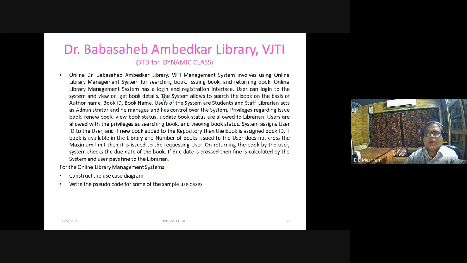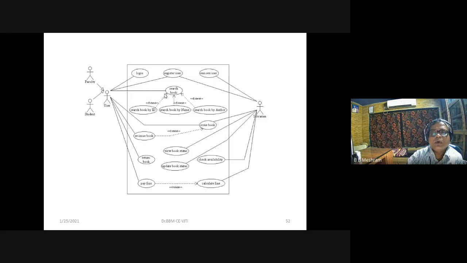So we have studied the Dr. Babasaheb Ambedkar Library VJTI case study, and the statement of the problem is known to you. We will construct the state transition diagram. In the previous lecture on the use case diagram, we considered this case study.